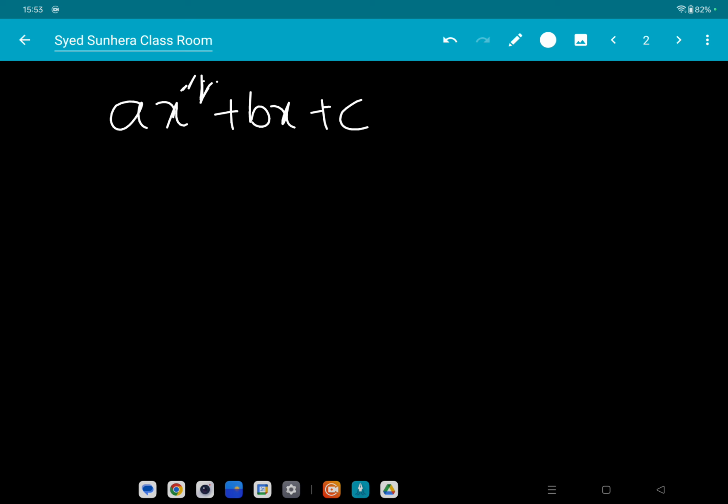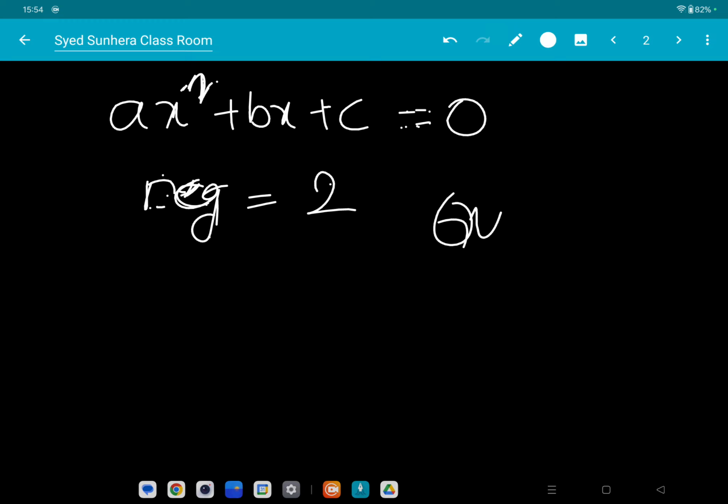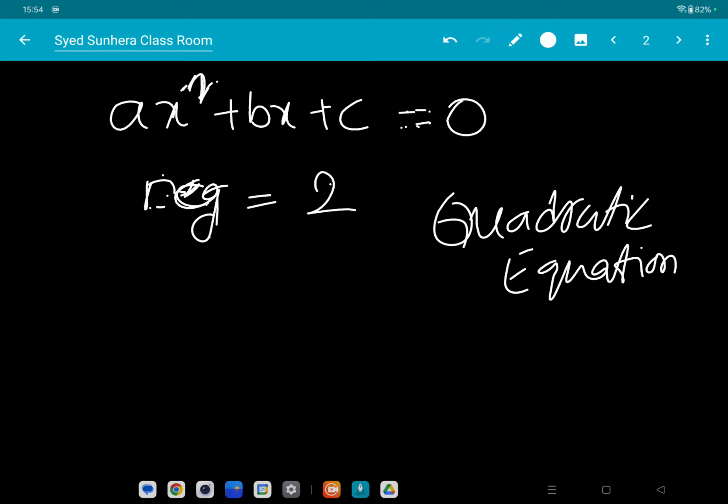Because here the degree is 2. So the degree is 2 means it is a quadratic polynomial. If I add equal to 0 to this polynomial, then it will become a quadratic equation. So we can say that it is a quadratic equation because I add equal to 0. So this is called a quadratic equation.